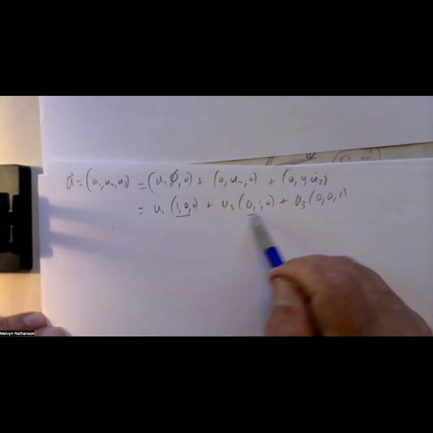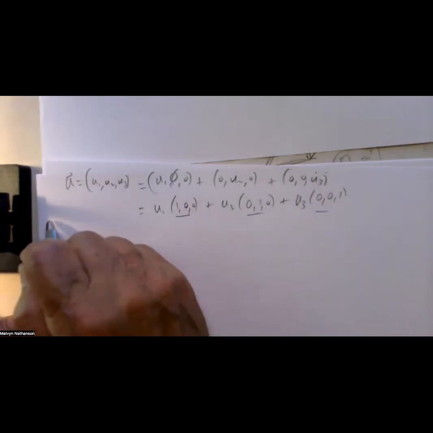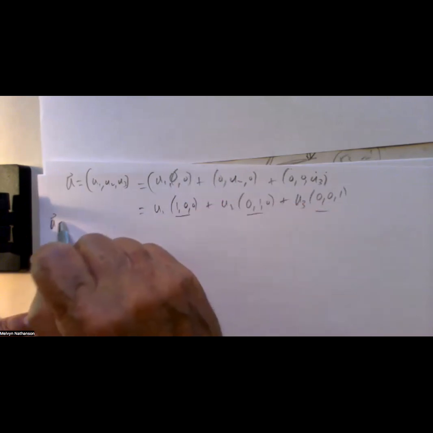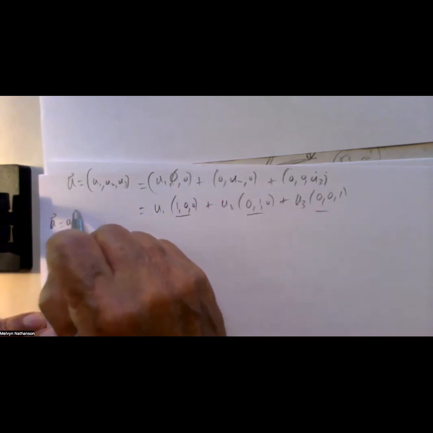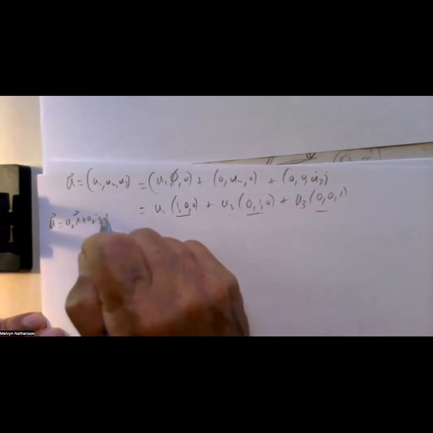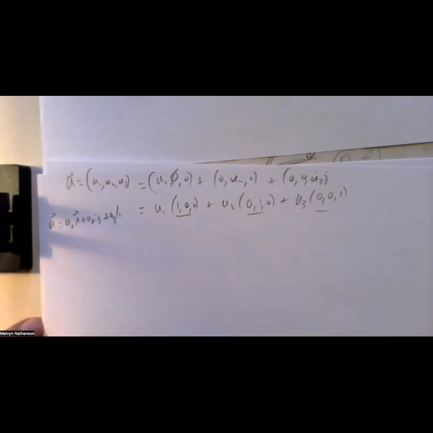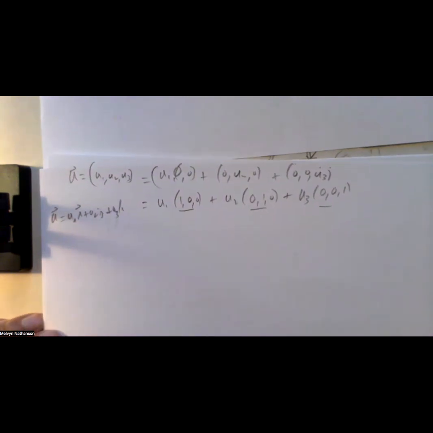But this is i, this is j, and this is k. So u is equal to u1 i plus u2 j plus u3 k. Okay. Any questions about that?